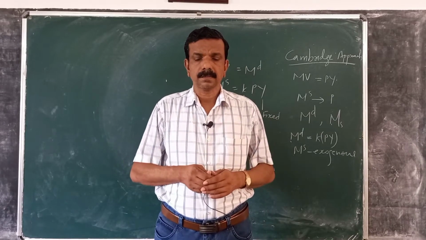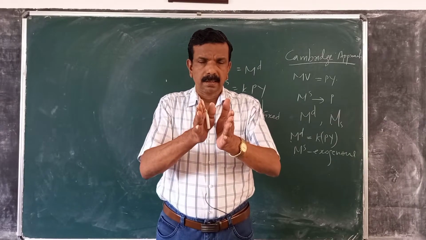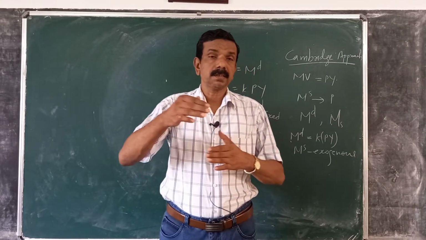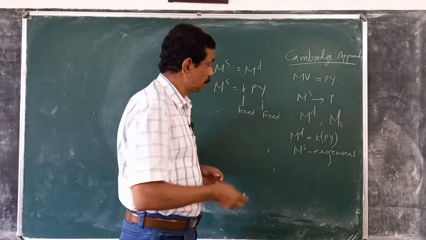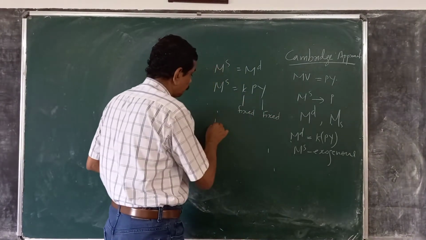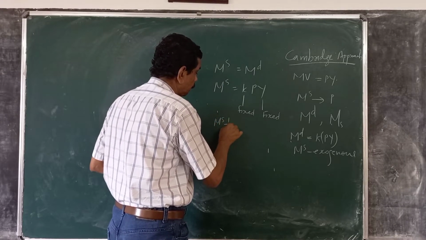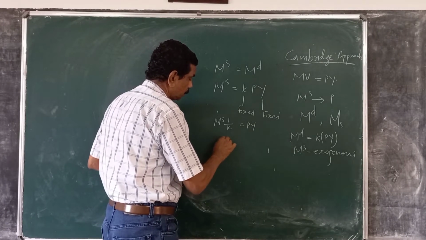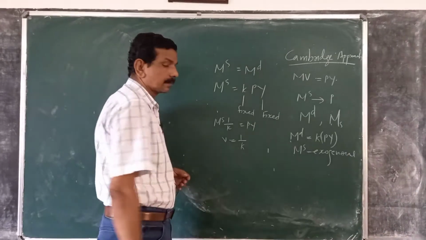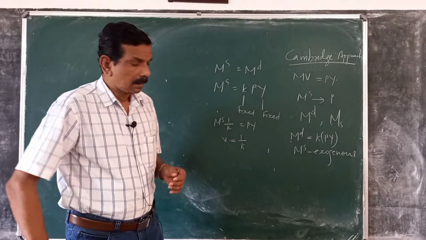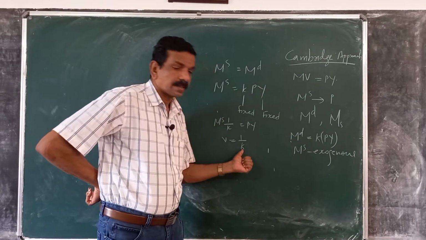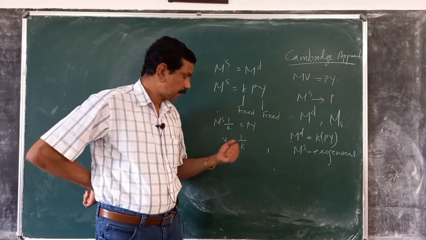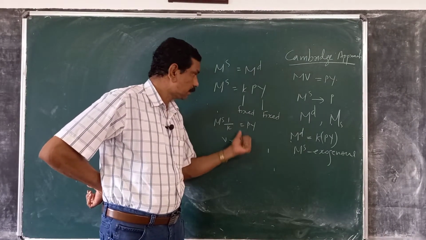And remember this, there is a formal equality between Cambridge K and Fisher's V. MS is equal to KPY, or we can write MS into 1 by K is equal to PY, which means V is equal to 1 by K. That is, V is the reciprocal of K. And if V is constant, then K is also constant.